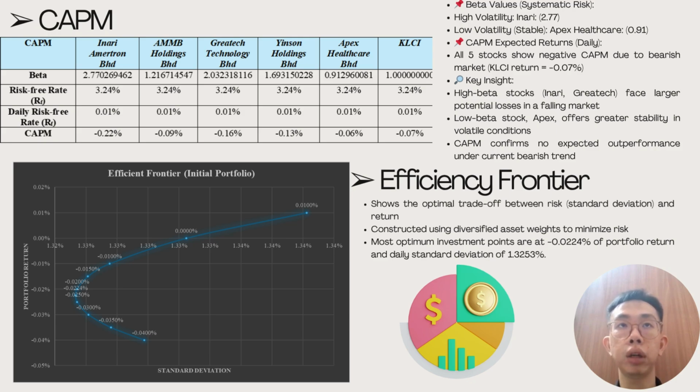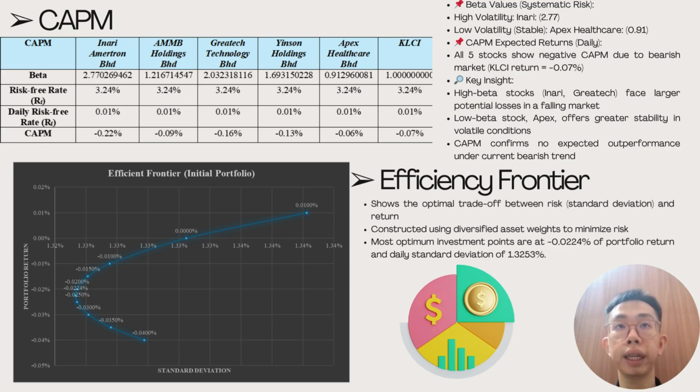The higher beta stock, which is Inari at the greatest, faces a larger potential loss in falling markets. But the lower beta stock like Apex offers greater stability in volatile conditions. This means CAPM confirms no expected outperformance under the current bearish trends.